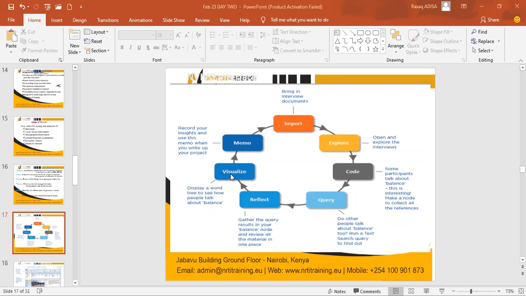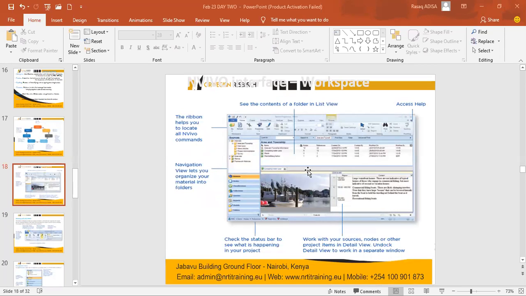Then you can visualize. Visualize means you can display your findings in a visual form, in a graphical form, right? Then memo is to record your insights, your write-up, bring it up as a report, which is the last thing we are going to do on our last day.